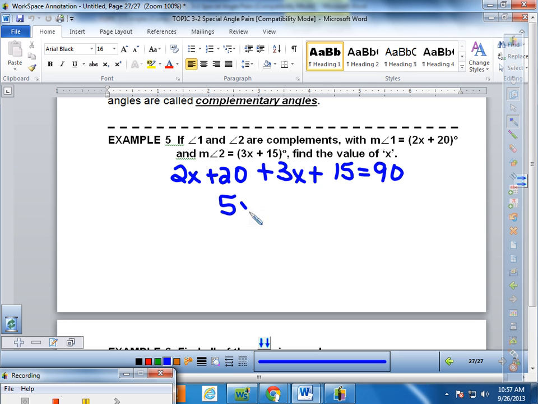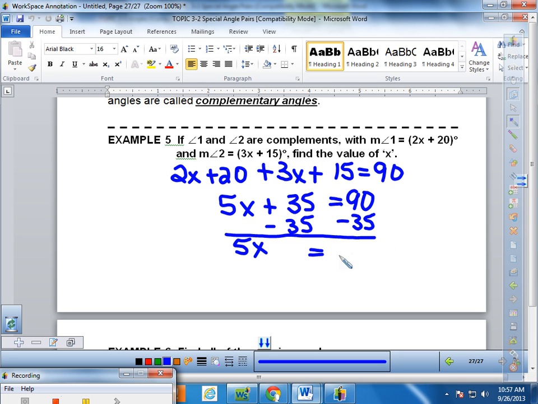Combine like terms. Subtract. Divide. x equals 11. And that is all that they asked for. So you're done with this one.